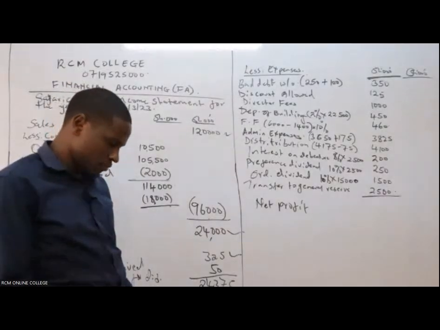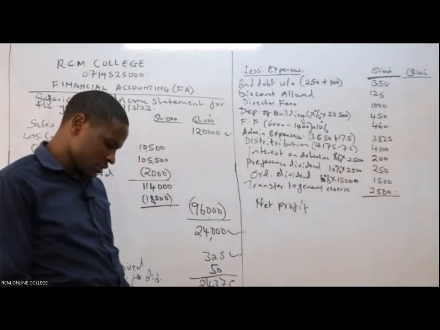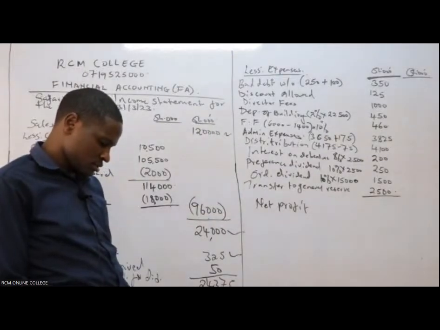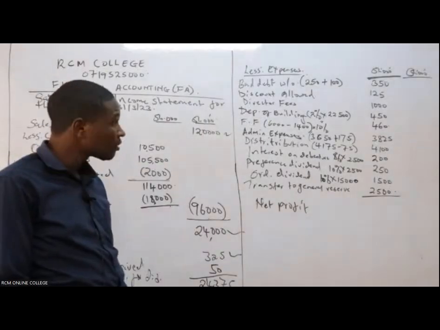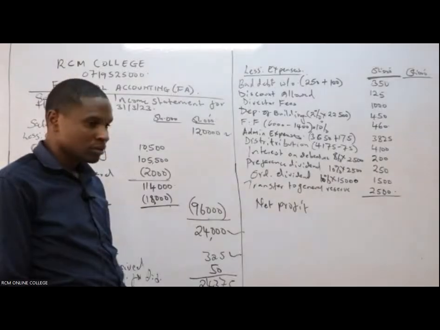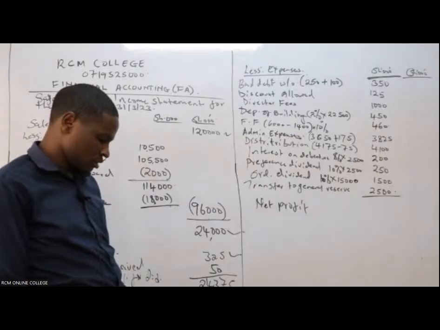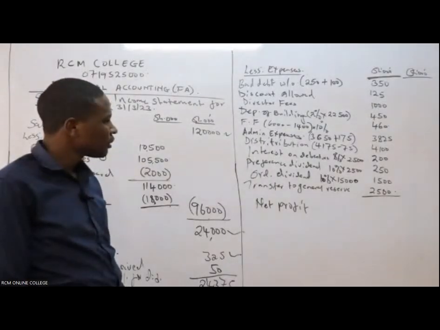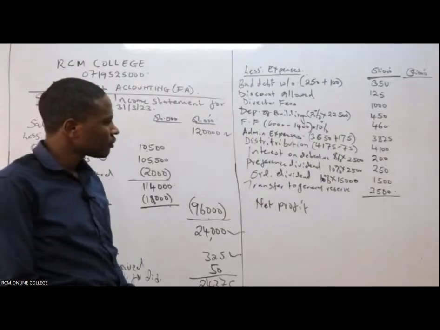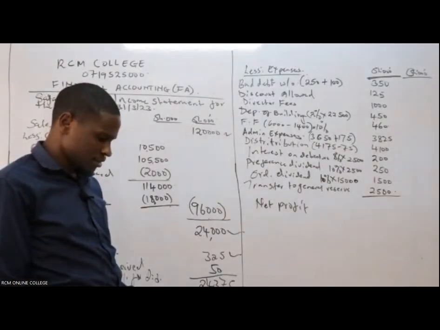Under expenses, you have to check whether there is an item we left out. Those expenses, I see. Okay. 200. Interest paid. Already that one is taken care of. Okay. Preference dividend.